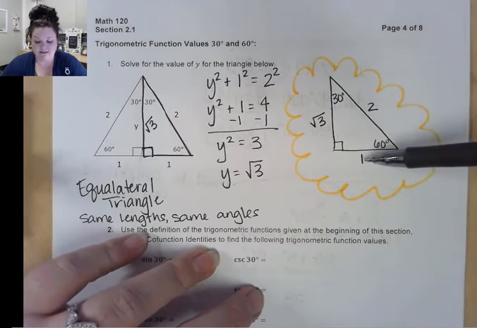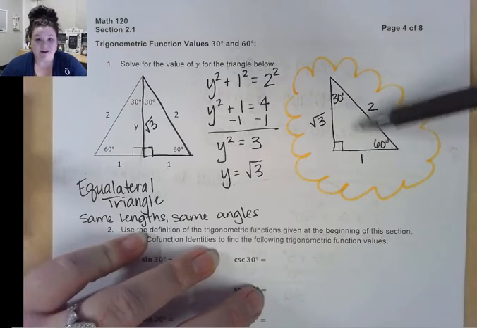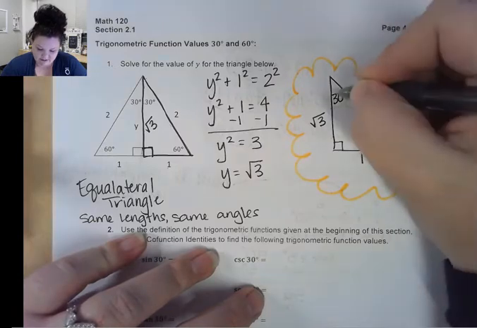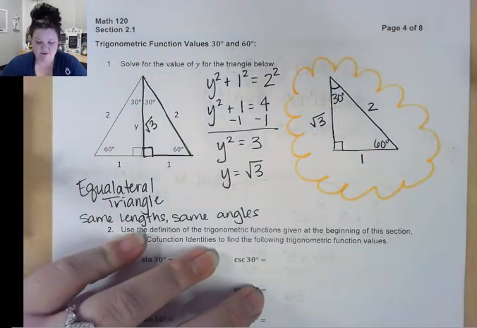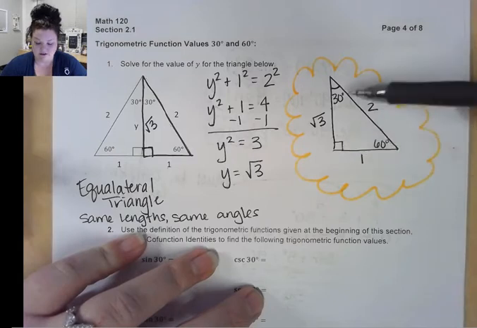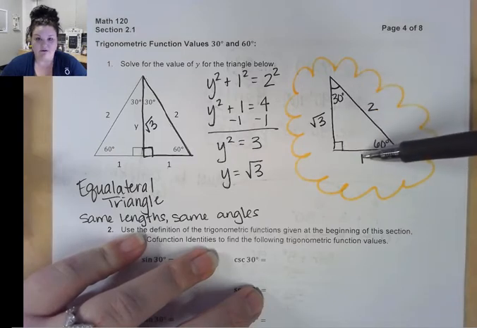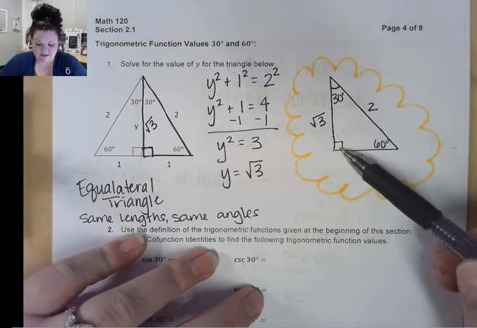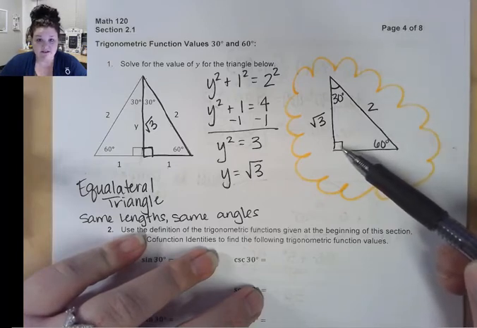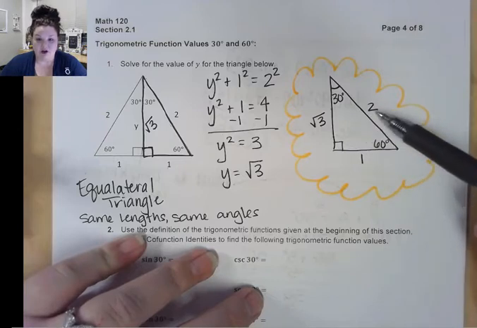So 1 is the smallest value, and notice it's opposite the smallest angle. This is my 30 degree angle, which is my smallest angle between 30, 60, and 90. 30 is the smallest, and it's opposite the smallest value. 90 degrees is my largest angle measure, and notice it's opposite my largest side, which is 2.